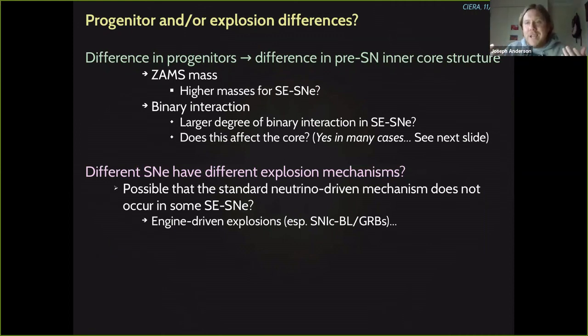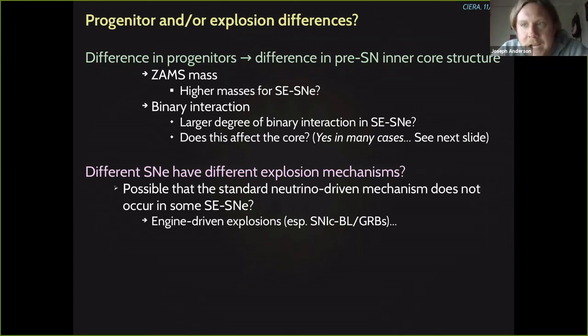If you have some nickel produced in the center of the explosion, but you also have some additional energy from a magnetar, or from accretion onto a neutron star or proto black hole, then maybe this boosts the luminosity, and therefore the nickel constraint you have is not correct, and it's separating the stripped envelope supernovae from the type 2s by having a different explosion mechanism.